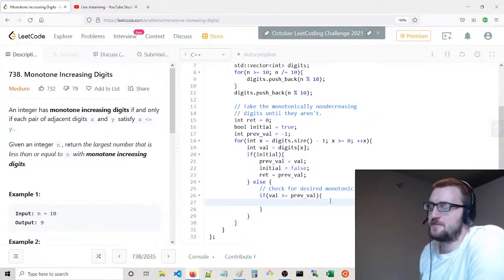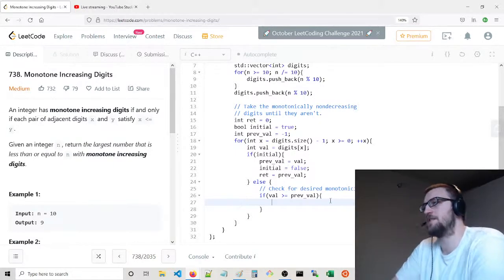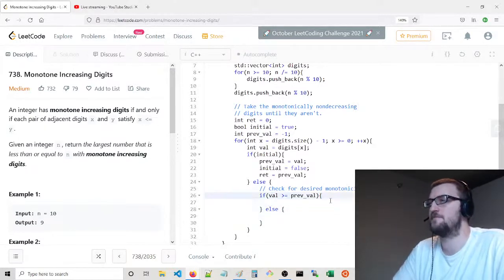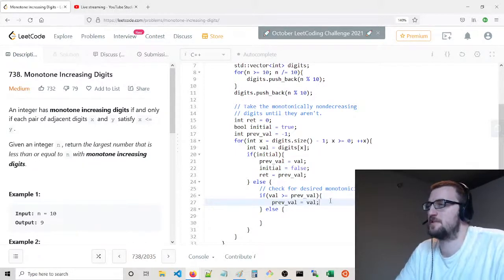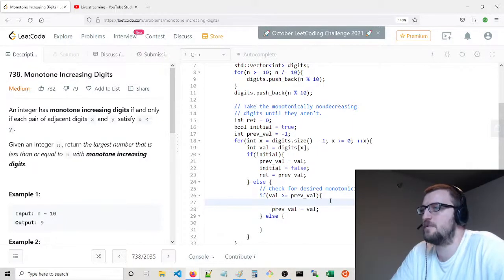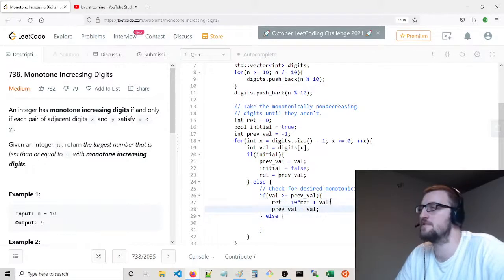This is kind of tricky. There are a few things to do here. So check for the monotonicity. If the monotonicity is fine, then we'd set, again, we're gonna set our previous value. I think what we're gonna do is we're gonna optimize this a little bit, like clean it up afterwards. So we're gonna set the previous value to value, and we're gonna say ret equals 10 times ret plus the value, and continue, right?